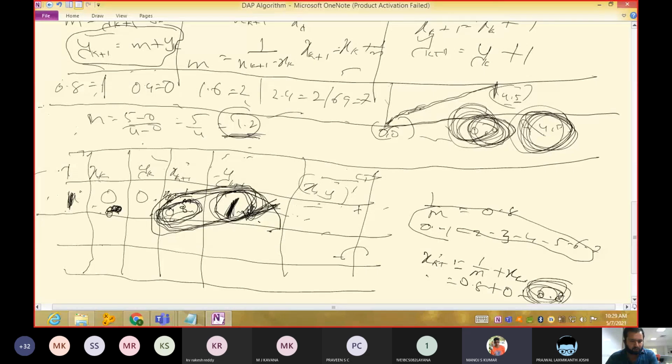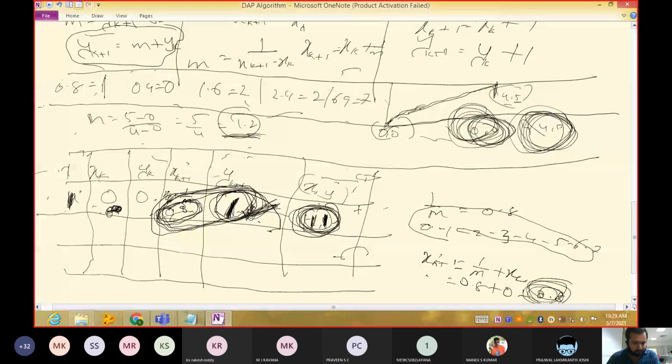We cannot write 0.8 as a pixel value, so we should write an integer, not a decimal value. So we need to apply the floor and ceiling function around this. So here it will be 1, 1. Is this clear how we got 1, 1?